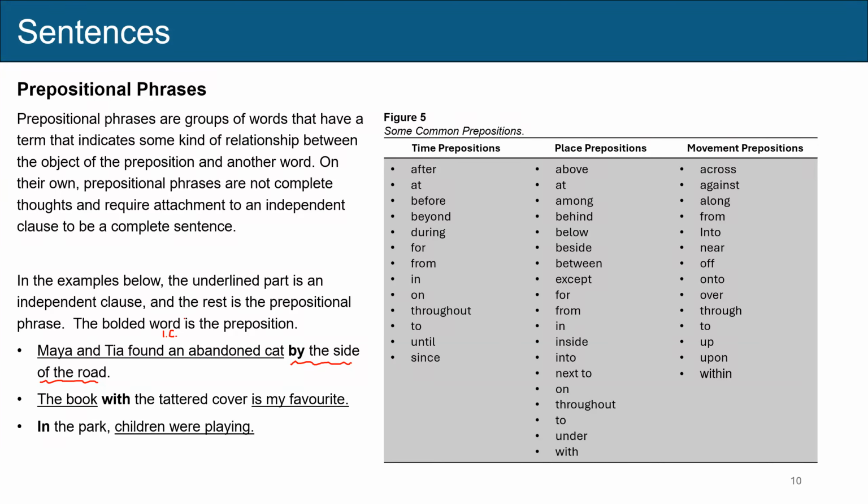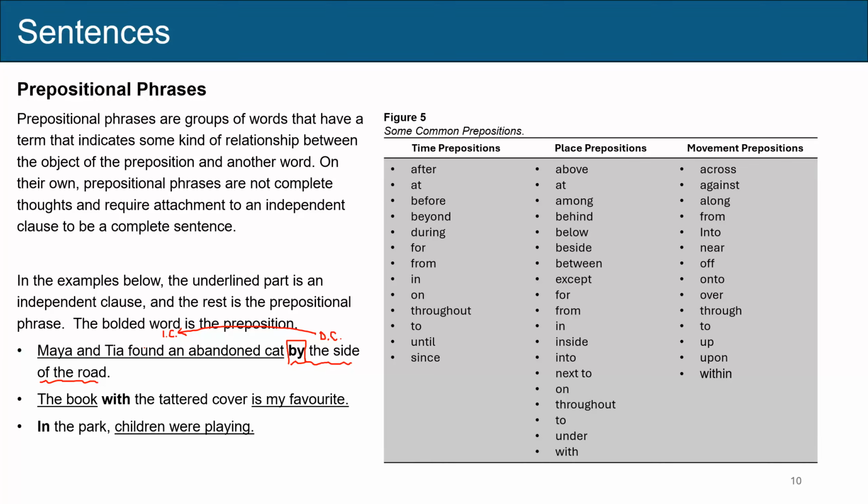And so this is an example of a prepositional phrase, specifically a dependent clause that relies on the independent clause to have meaning. So the word by here tells you where the abandoned cat was, but it doesn't work on a sentence by itself. It needs to be attached to a full sentence.